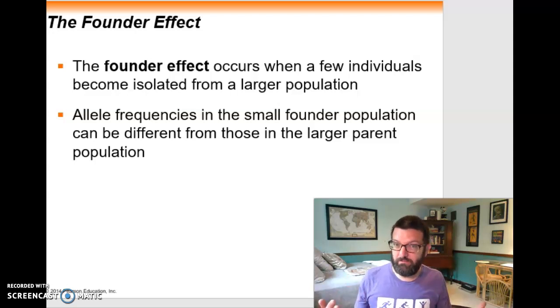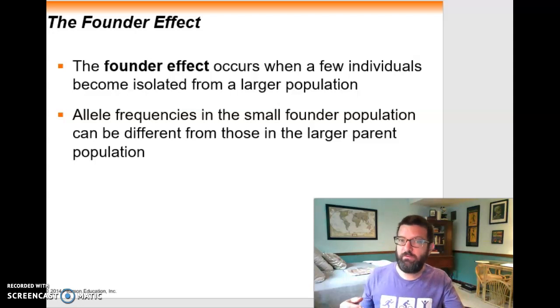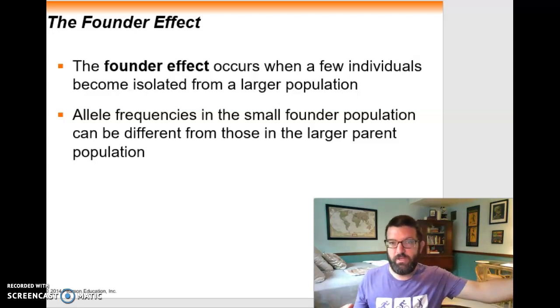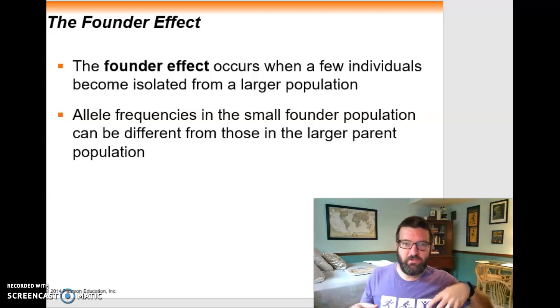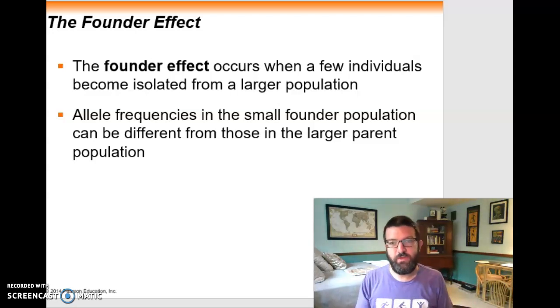But they may not. It may just happen that a weird, different allele frequency lands on that new island, when those birds have been blown off course or whatever. And that new island population starts off with a completely different allele frequency than the original large population. This is called the founder effect.